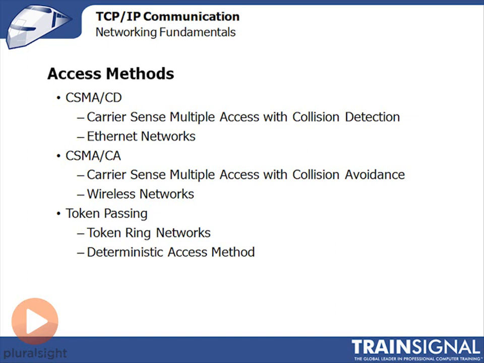Carrier sense. Carrier sense means that a computer that is working within a network that is designed to use CSMA/CD has the ability to sense if there is data already out on the network, if there's already a signal out on the network. Multiple access means that multiple computers, and potentially all computers, have simultaneous access to the network.